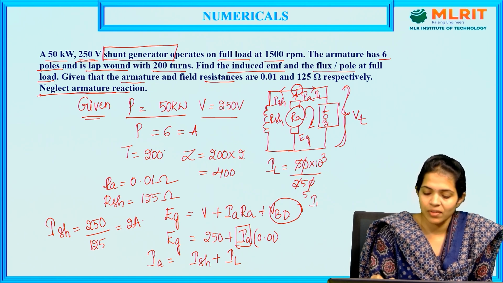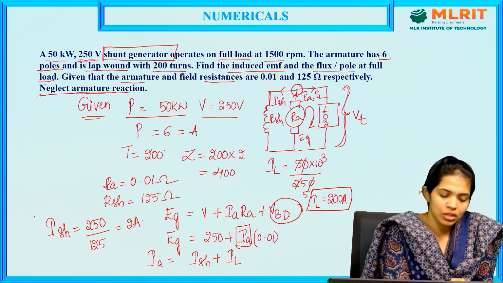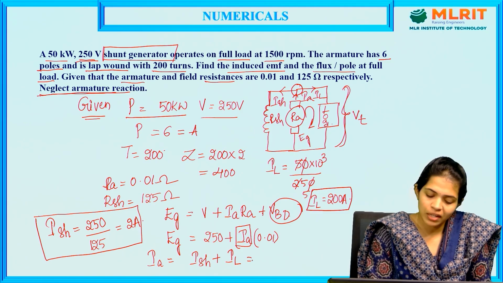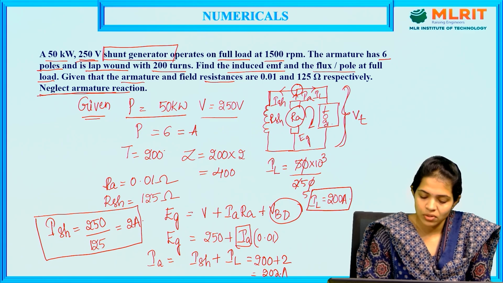So IL will be 200 amps. We got the IL value as 200 amps and the Ish value as 2 amps. So now Ia will be 200 plus 2, which is nothing but 202 amperes.